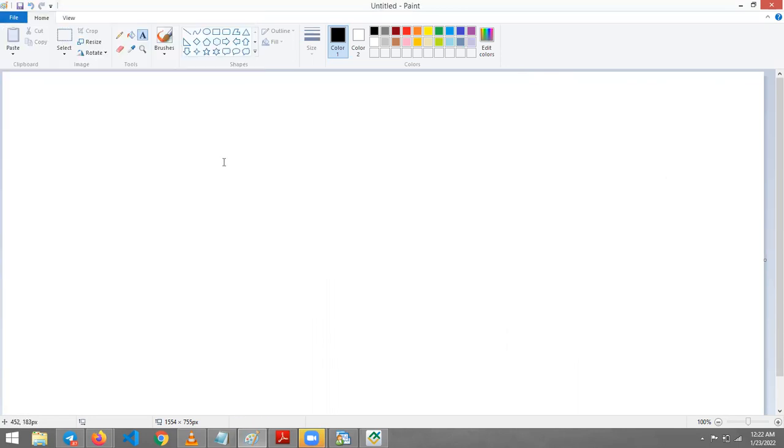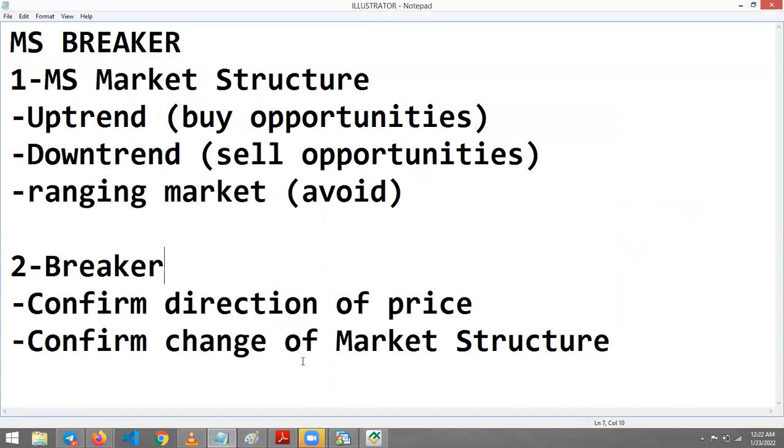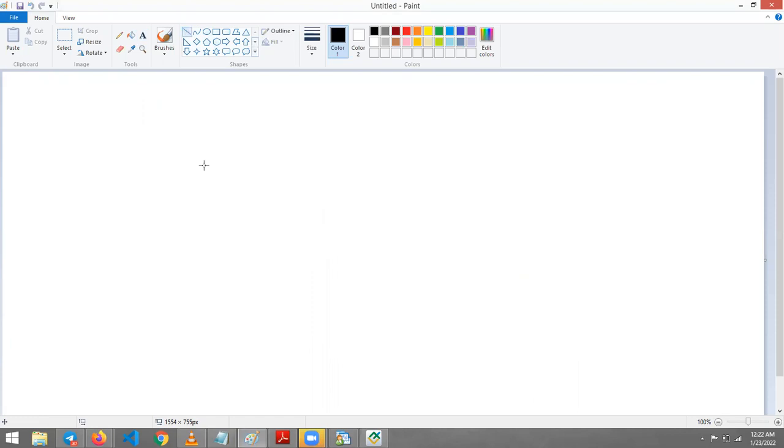Okay, now let me explain this other one here. How does the breaker help us confirm a change of market structure? There are cases whereby you have an uptrend, right? Of course, in an uptrend, you look out for buy opportunities.